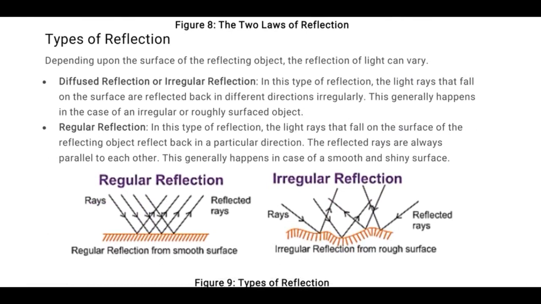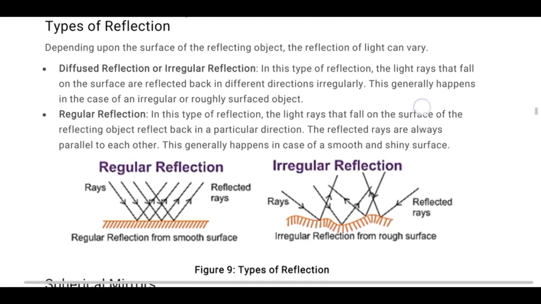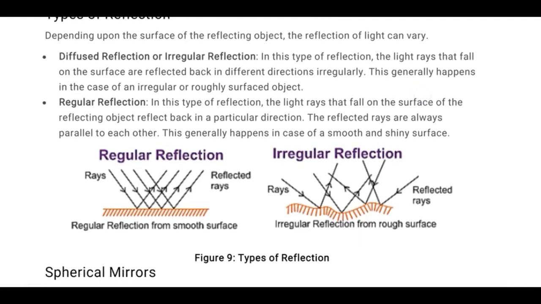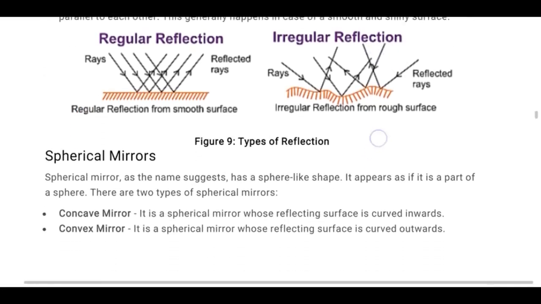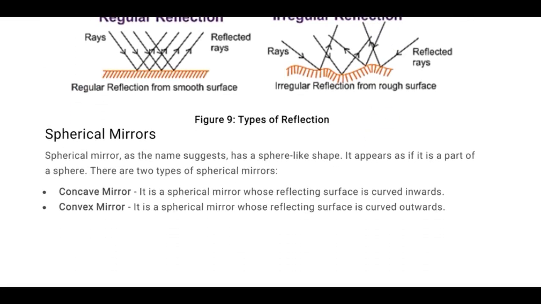If the reflection happens on a regular surface, it obeys the second law. If the reflection is obtained on an irregular surface, it doesn't obey the second law. Simple. Okay.